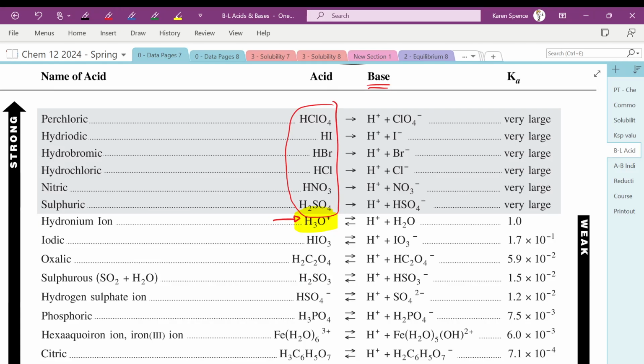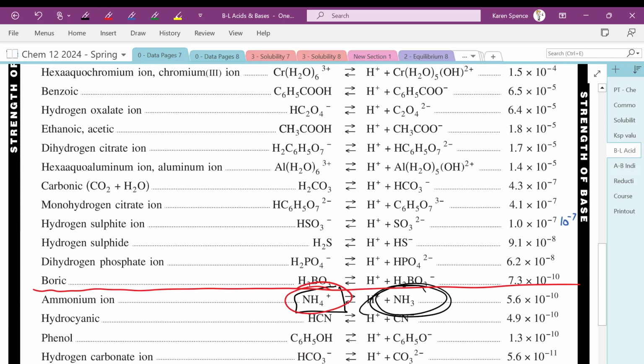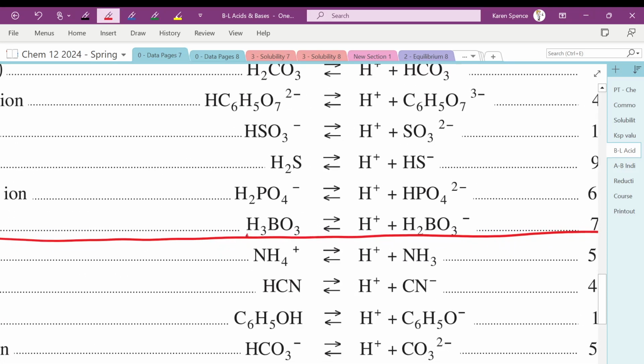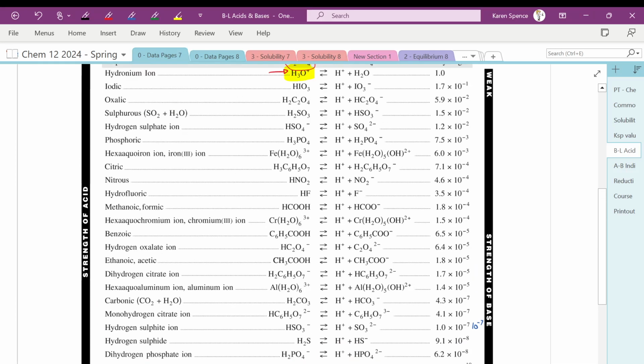Now, if our solvent instead were ammonia, NH4+ would be the strongest acid, and everything above the ammonium ion would be a strong acid. H3PO4, Al(H2O)6, those would all be strong acids, which is kind of bizarre, but that would be if ammonia was the solvent.